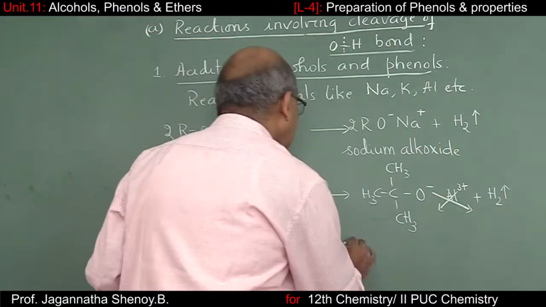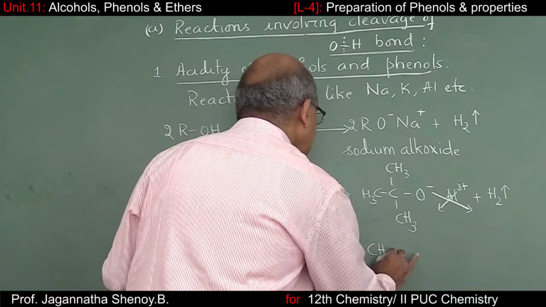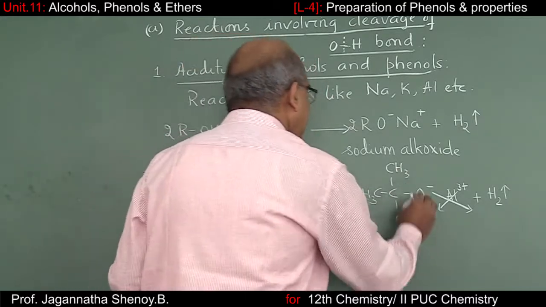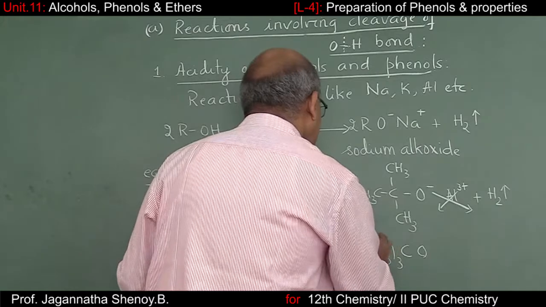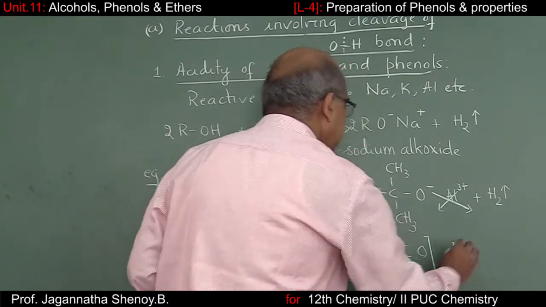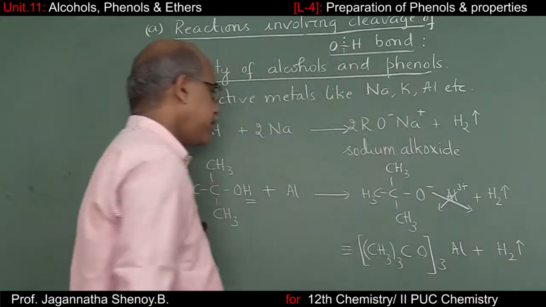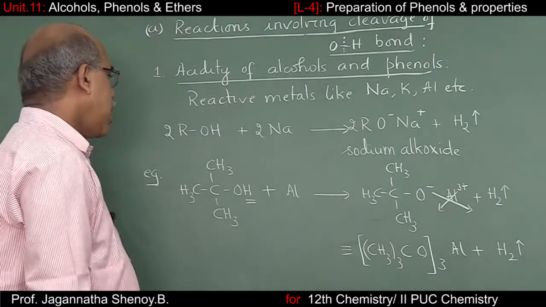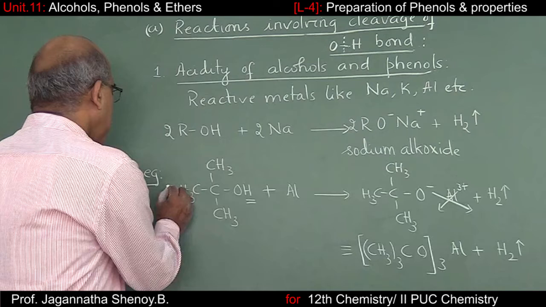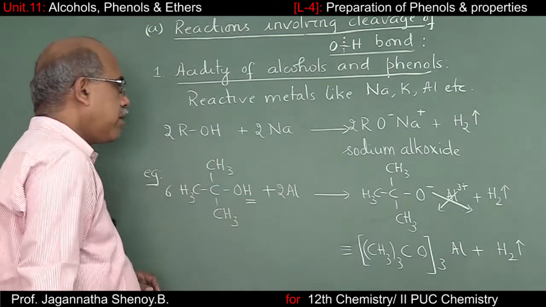Now, if I write the formula, you have 3 CH3 groups. I'll write the condensed formula, (CH3)3C, and you have an oxygen over there. So this 3 comes over here, and then aluminium. Along with that, we have to get hydrogen. Now, to balance the equation, I'll have 6 moles of tertiary butyl alcohol and 2 moles of aluminium here.